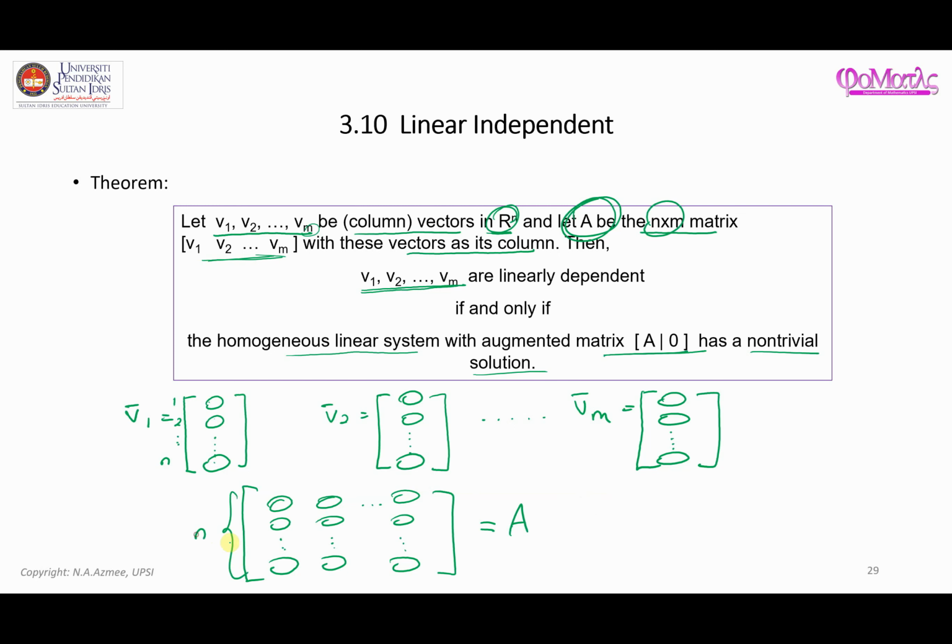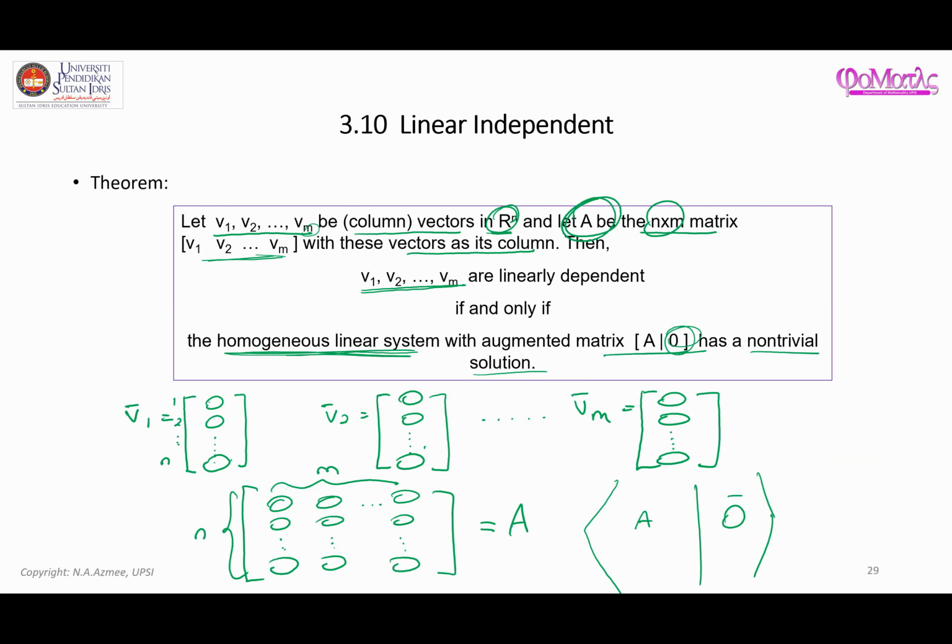Because the number of rows here is n, and the number of vectors is m. And when you consider the combination of all these vectors with 0 here, that indicates a homogeneous linear system. So basically you combine all these values: here is matrix A, and this is the 0 vector on this side.